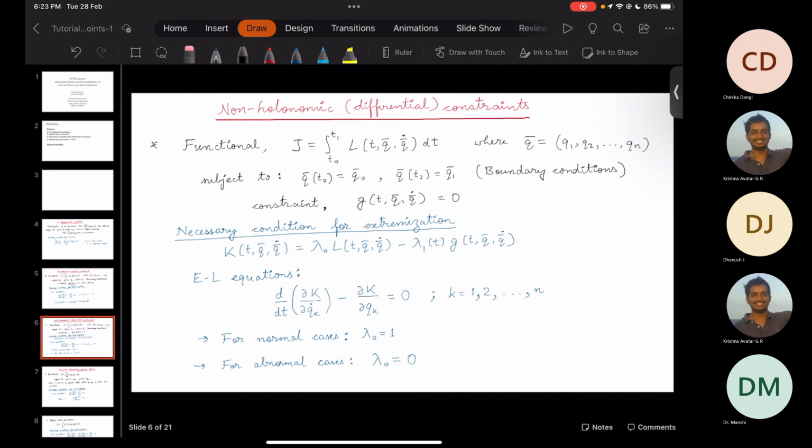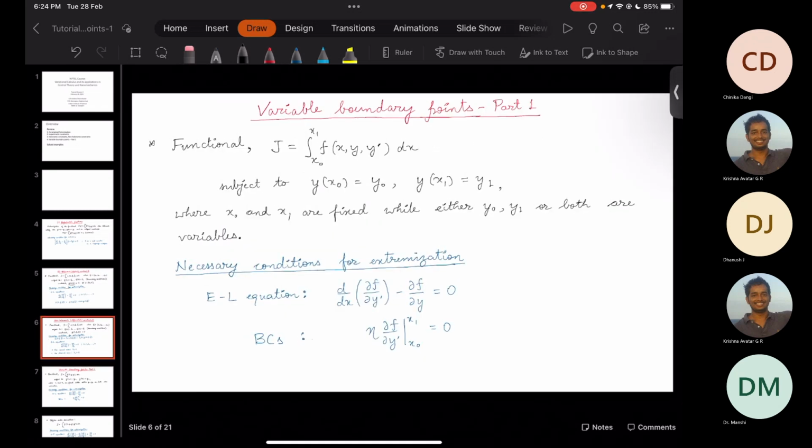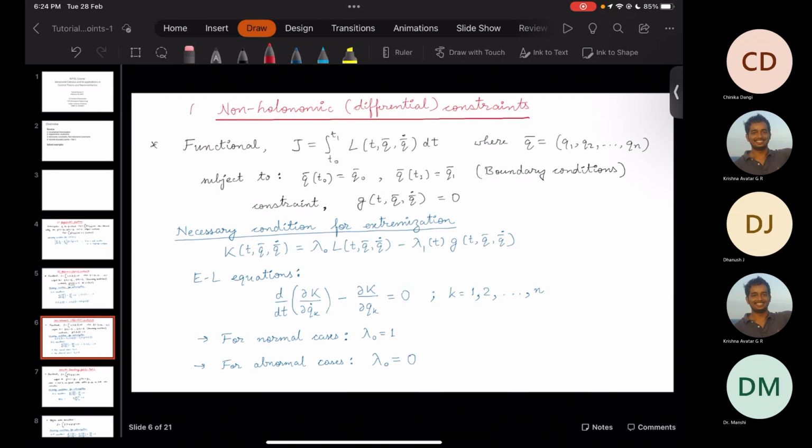And K is defined as lambda naught L minus lambda 1 of t into g. For normal cases, we have lambda naught equal to 1, and lambda naught, mind you, is a scalar here, and lambda 1 is a function of t. For abnormal cases, lambda naught is equal to 0. So this was our third constraint.